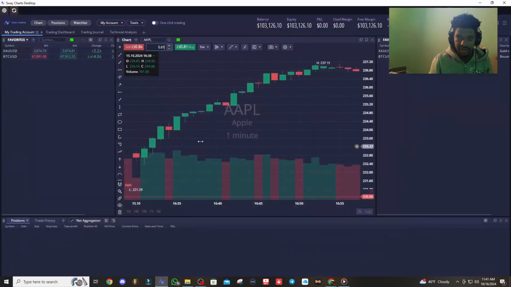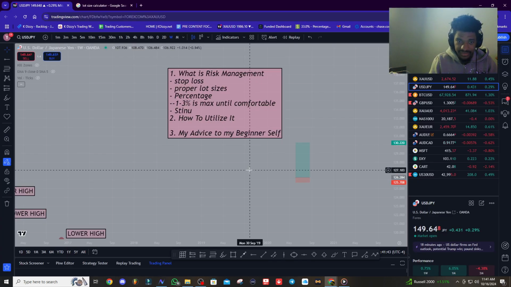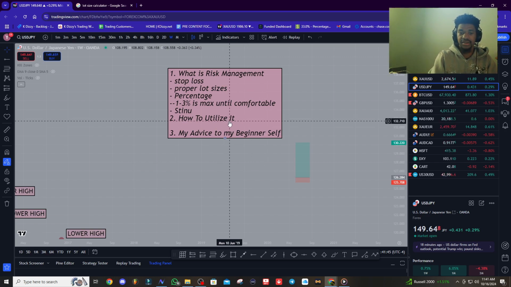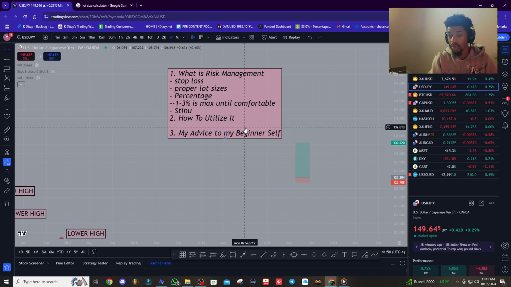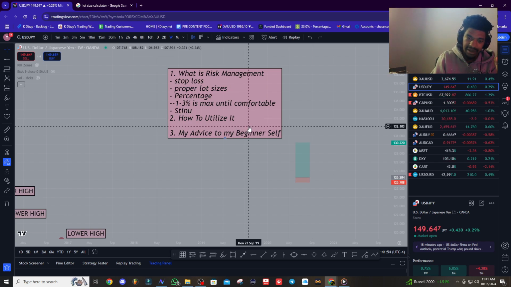You put that number in here, and you will be aware of how much you're risking per trade and how much you're going to be gaining per trade. So yeah, that's that right there. How to utilize it: knowing how much is coming out of your trading account when you're trading is everything.